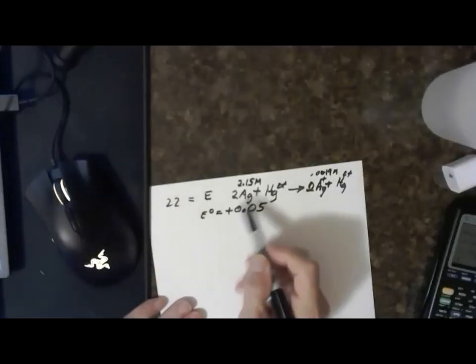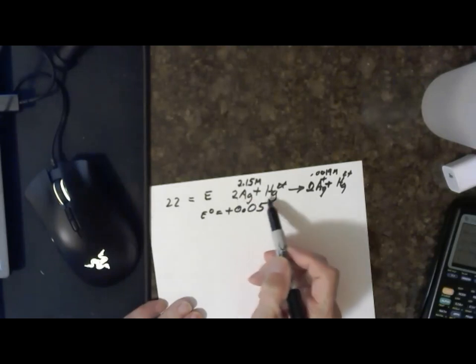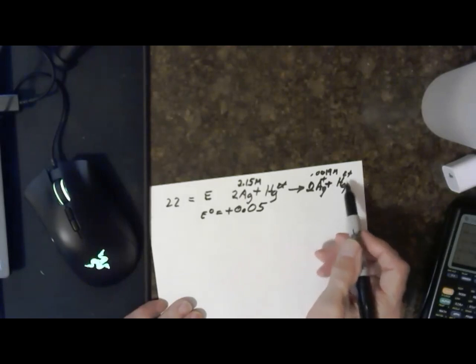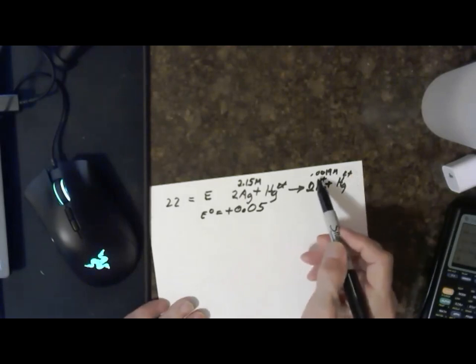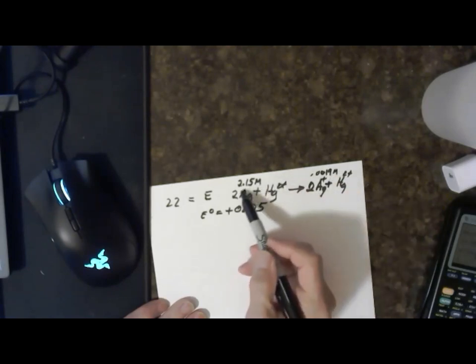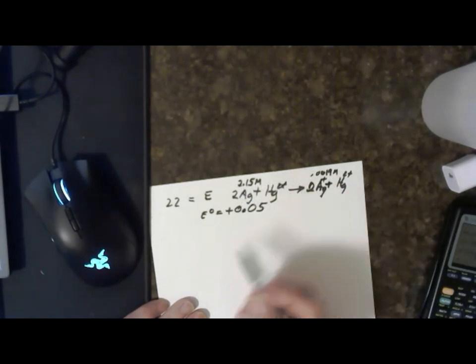So our reaction is 2 silvers and a mercury 2+ goes to 2 silver ions plus a mercury 2+. Concentration of the mercury is 0.0019, and the concentration of the silver is 2.15.